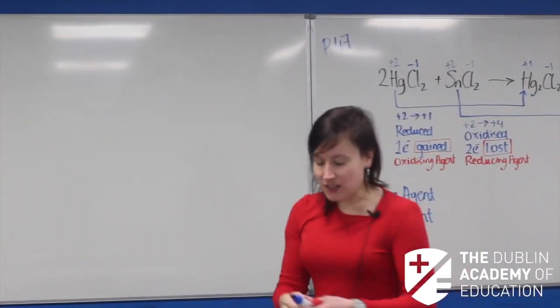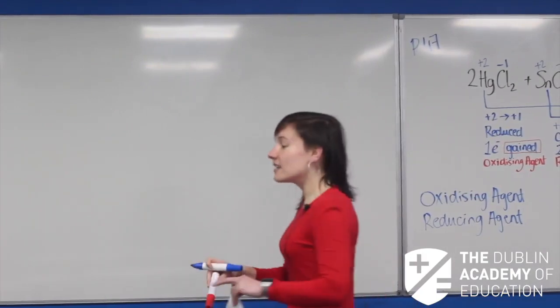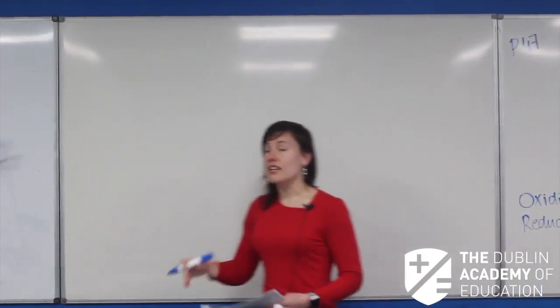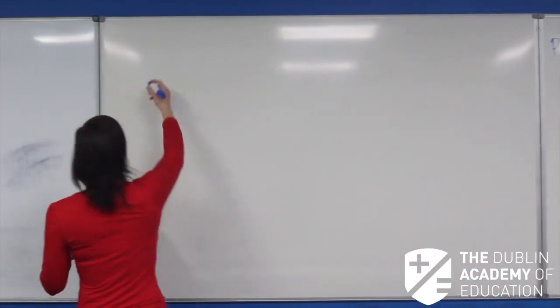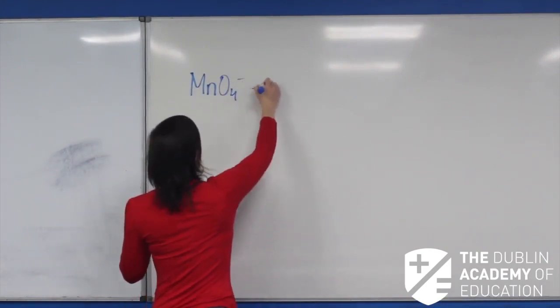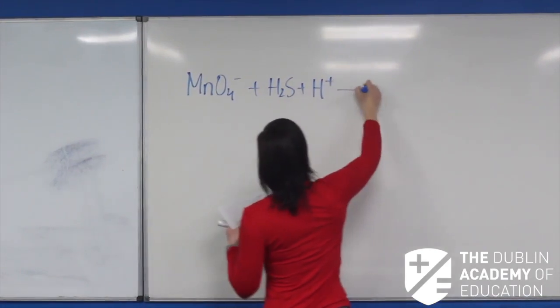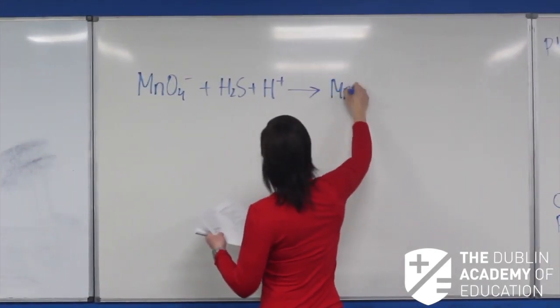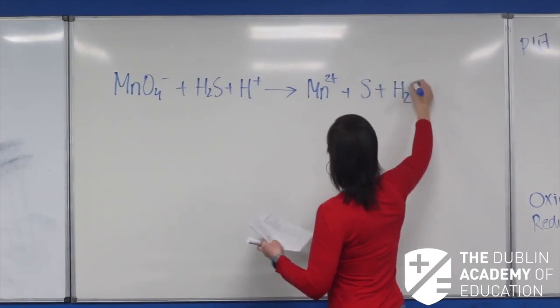So, as I said, you have this example in full in your notes on page 48, but I'm just going to work through it here on the board and talk you through each of the steps involved. We're going to have a look at this particular example: MnO4 minus plus H2S plus H plus gives us Mn2 plus, S and H2O.